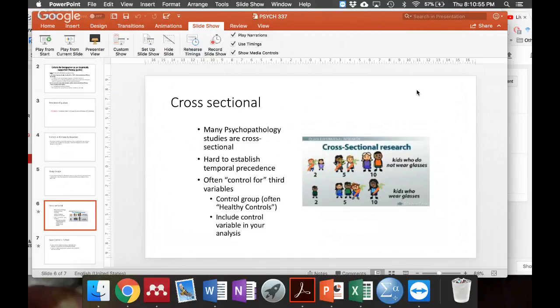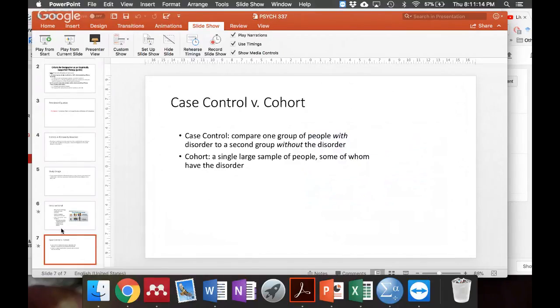And cross-sectional studies often will involve controlling for a third variable. So often these studies will use a control group. Usually these control groups are healthy individuals, and you include these people in your analyses. Case control studies, on the other hand, you're comparing one group of people with a disorder to a second group without the disorder, and then finally cohort, you have a single large sample of people, some of whom have the disorder.